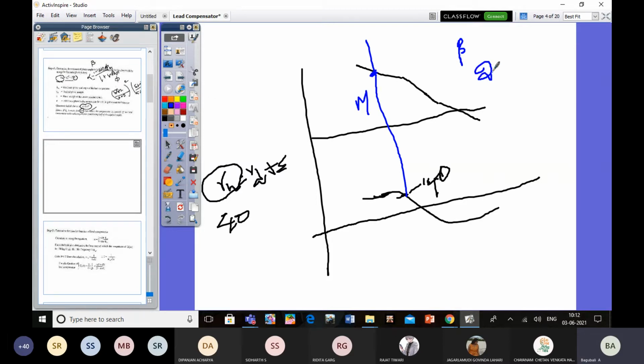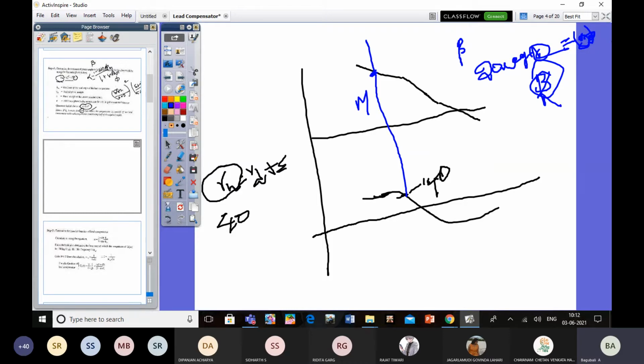In the previous case, I gave 20 log k equal to magnitude. That magnitude we considered as 20 dB in the previous problem. Remember, instead of k we called it beta, and we determined what beta is. Now, instead of magnitude, they have given the gain. Not beta, in terms of the lead compensator we call it alpha.